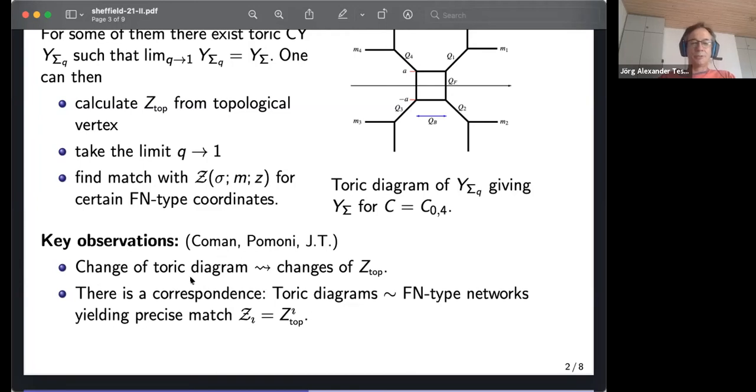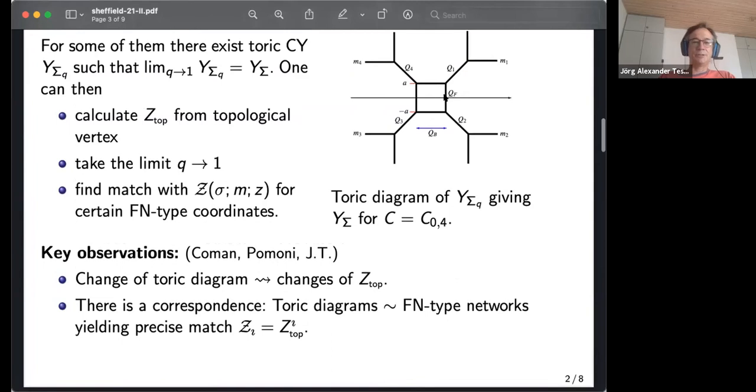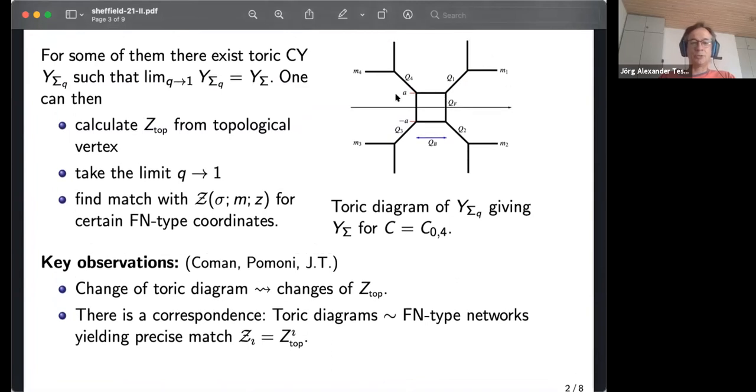The flavor of this game is that this is not the only toric diagram you could use to cover the Kähler moduli space of these toric Calabi-Yaus. There are similar toric diagrams related by flops. These changes of the toric diagram, as one can simply compute, and that was basically well known, lead to jumps of Z top.